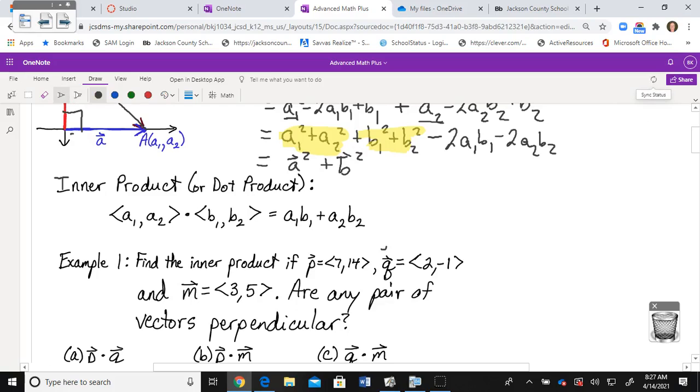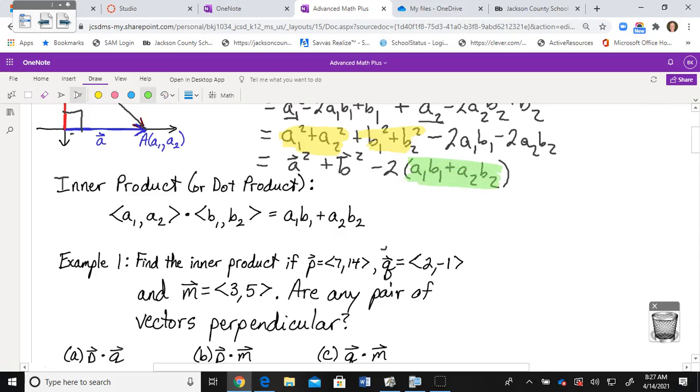That's what that would equal. And if I factor out that negative 2, I would have A1B1 plus A2B2. That part right there in green is known as your inner product.